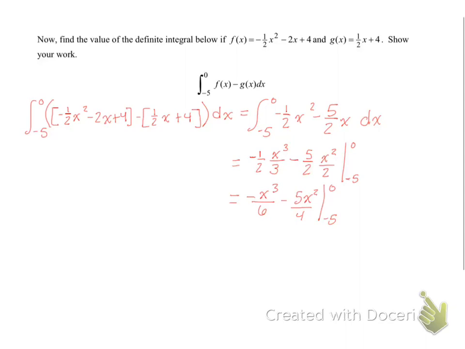Okay. Now if I plug in 0 in for x, I just get 0 for the first one. So remember, it's top minus bottom, so minus, and then I plug in -5 in for x.